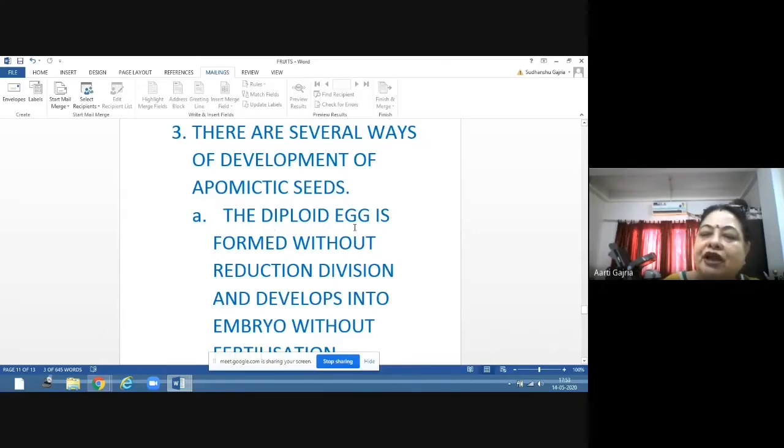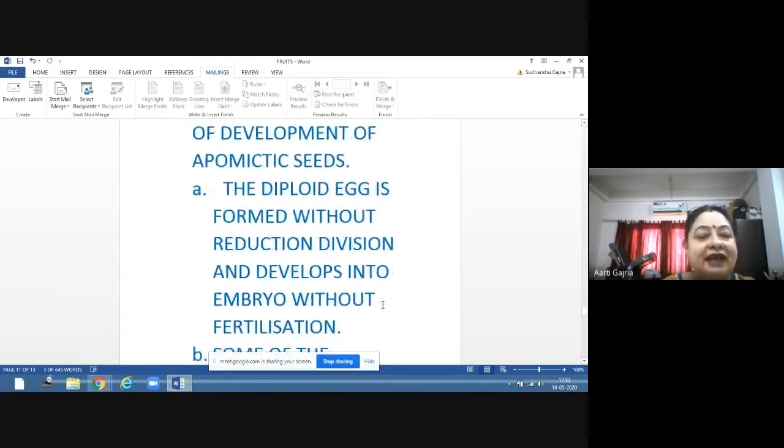The diploid egg is formed without reduction division, and it develops into an embryo without fertilization.